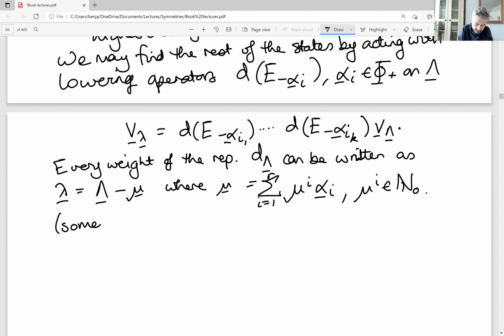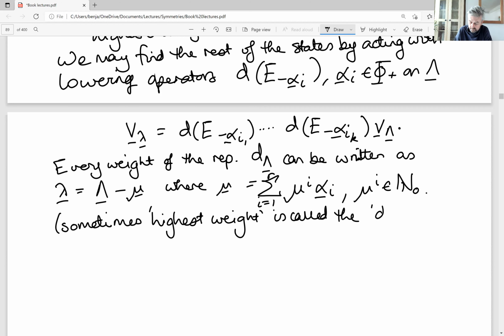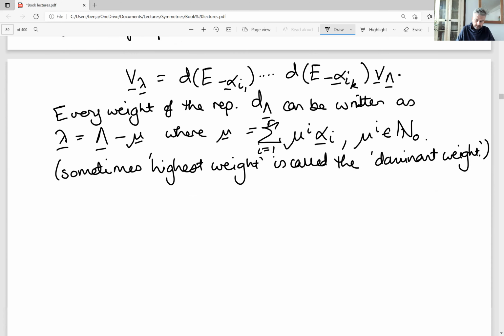Highest weight is more common in physics applications.